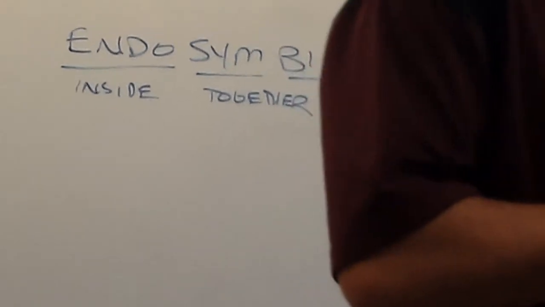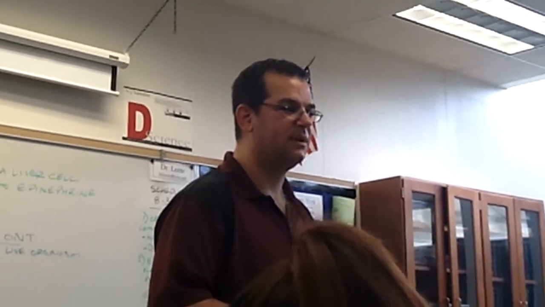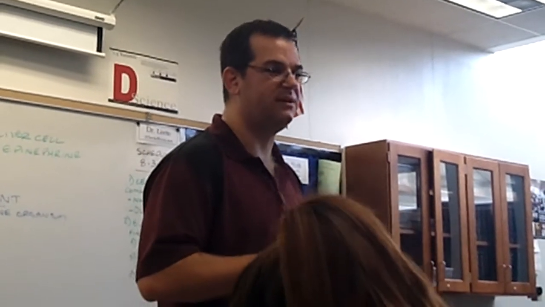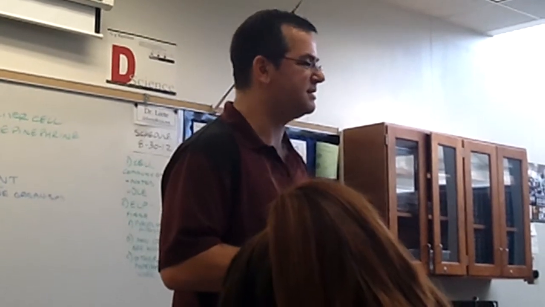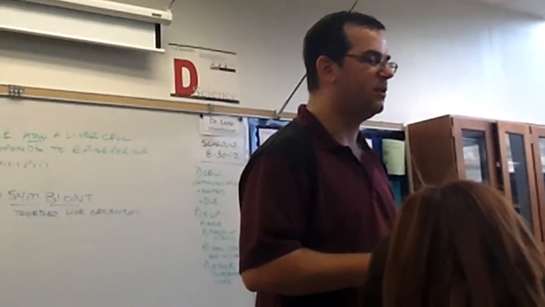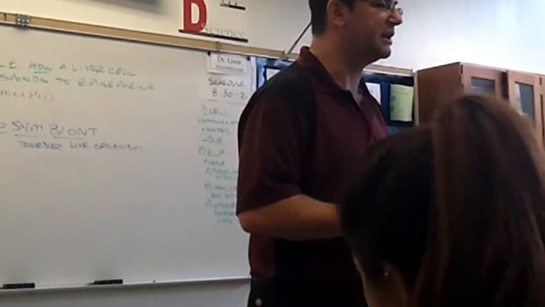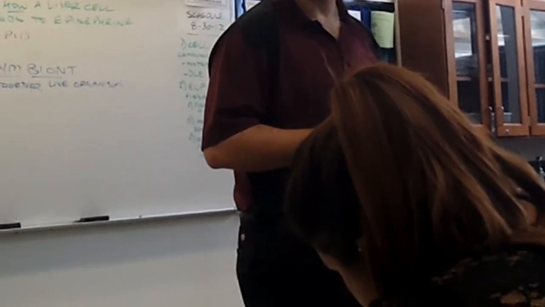So again, the endosymbiosis theory says that chloroplasts and mitochondria used to be free-living, or you could say independent, prokaryotes. They then moved into larger eukaryotic cells and became internal symbionts, or endosymbionts, or you could simply say they started living inside of eukaryotic cells, to use simpler English.